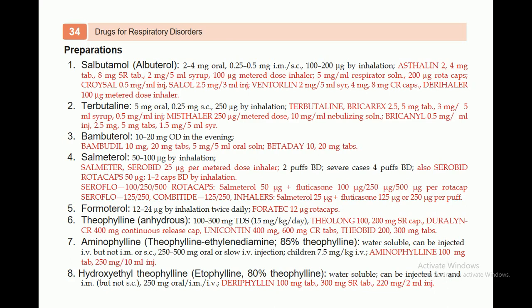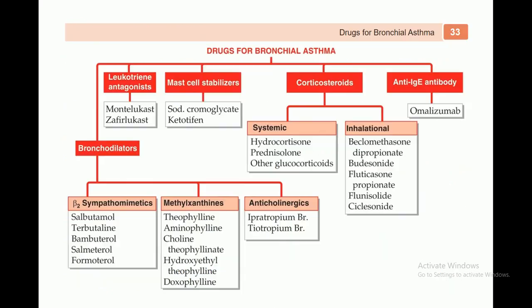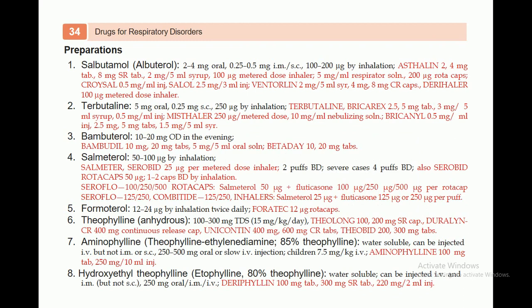This was a general classification to know about the categories of the drugs, like those which I have highlighted here: leukotriene antagonist or blocker, then mast cell stabilizer, then corticosteroid, then anti-IgE antibody, and then bronchodilating agents like sympathomimetics, methylxanthine, and anticholinergics. Kindly review all these drugs. This is very easy to understand, and you can also memorize all the doses along with preparation.